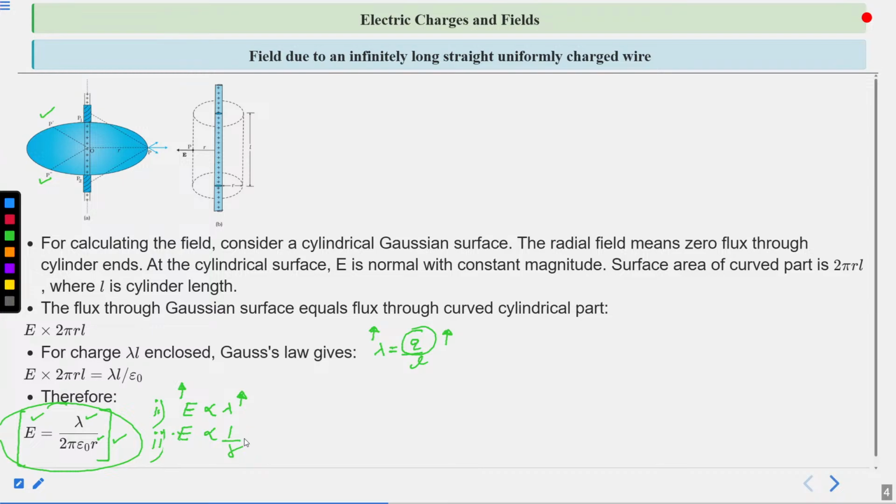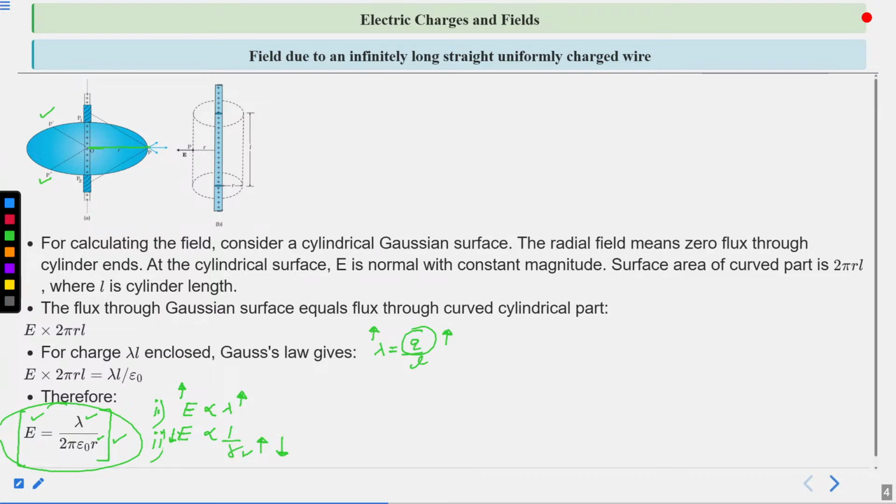From this relation, if r increases, E decreases. Here r is the radial distance from the line element to point P.